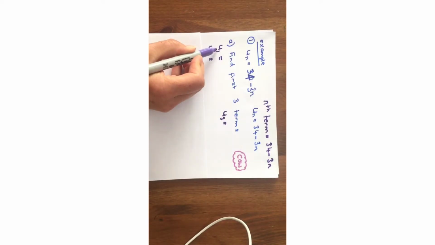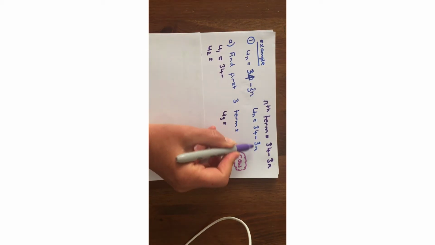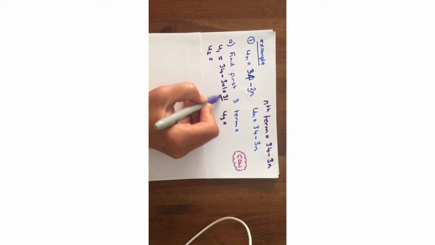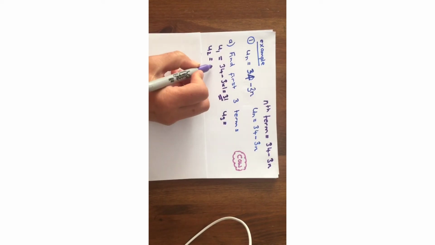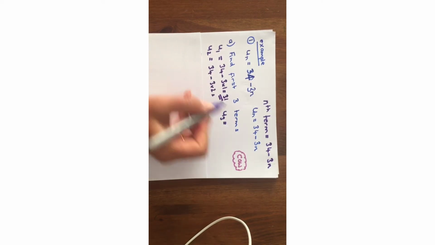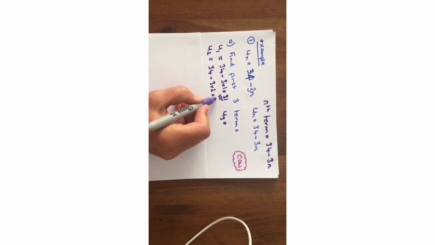So for the first term, you say it's 34 minus, what n is 1, so 3 times 1. So 34 minus 3 is 31. So the second term will be 34 minus 3 times 2, putting n equals 2 into here. So 34 minus 6 will be 28.